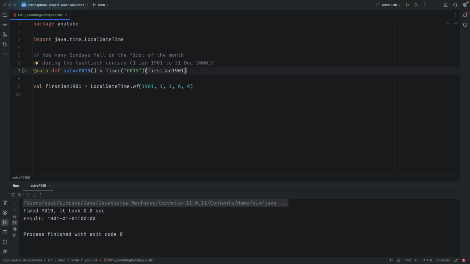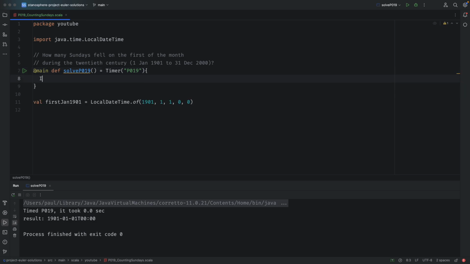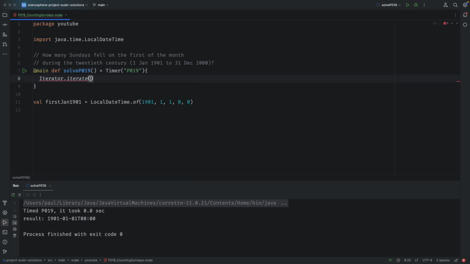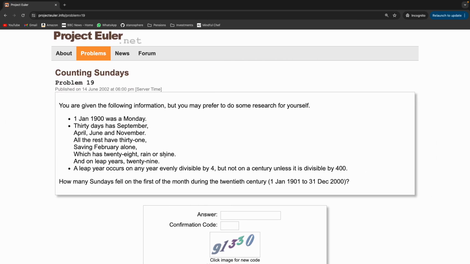First of the first. And then I think what we're going to want to do is a good old fashioned iterate. We're going to start here and ask ourselves, so how many Sundays fell on the first of the month?